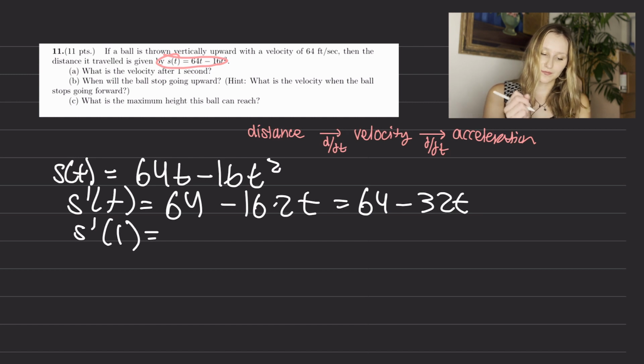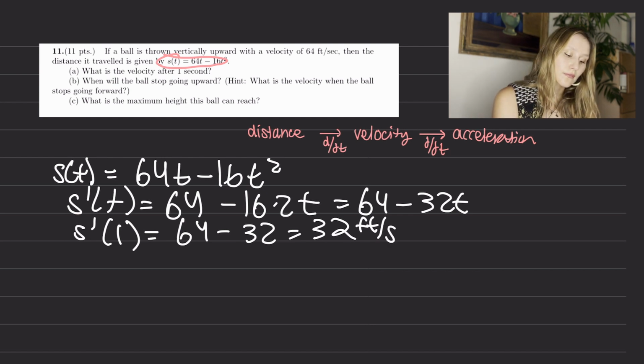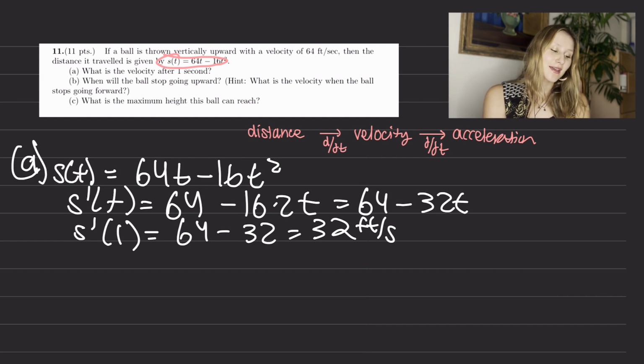T equals 1. 64 minus 32 is equal to 32. You guys, that's the feet per second. Part A, complete.